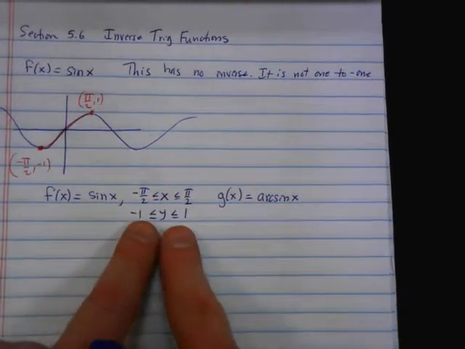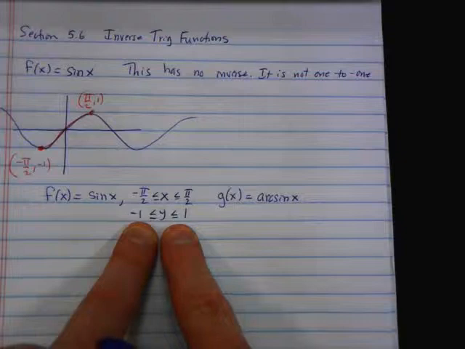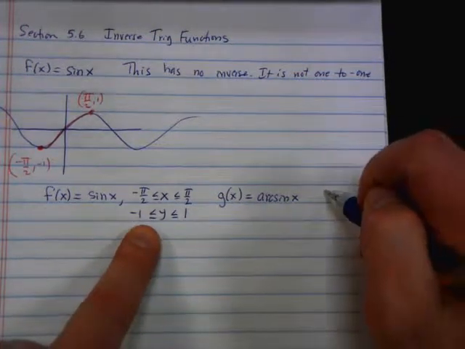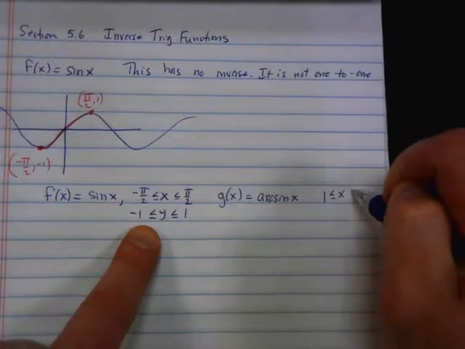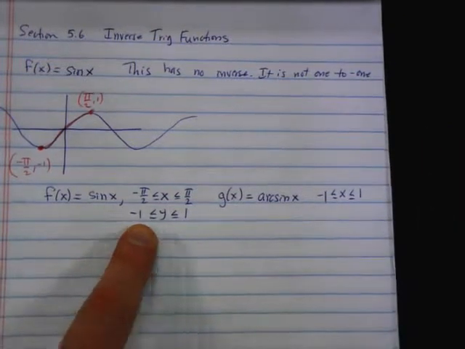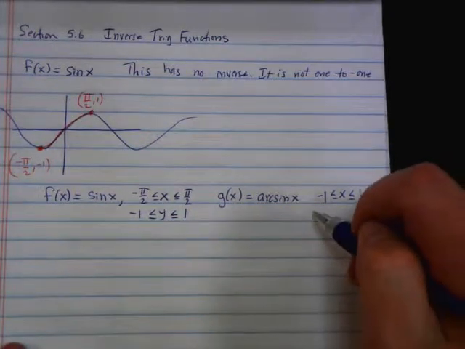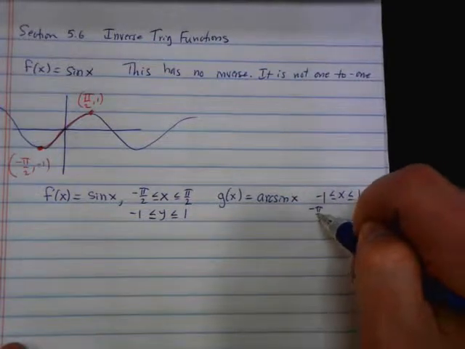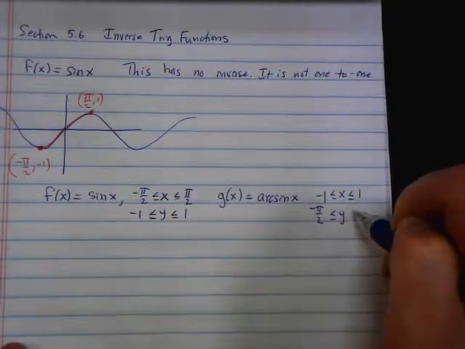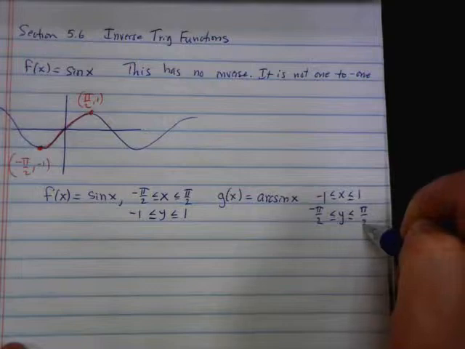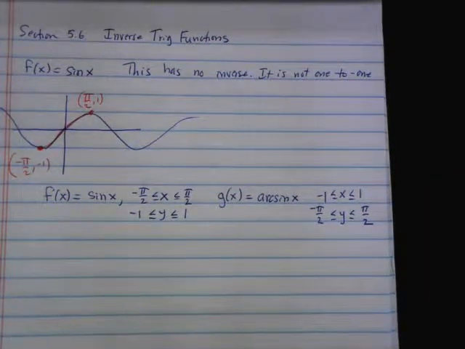So if the y's on my sine function go between -1 and 1, that means the x's on my inverse function go between -1 and 1. And when I plug in numbers between -1 and 1 into arc sine, what kind of answers am I going to get out? I'm going to get angles that live between -pi over 2 and pi over 2.